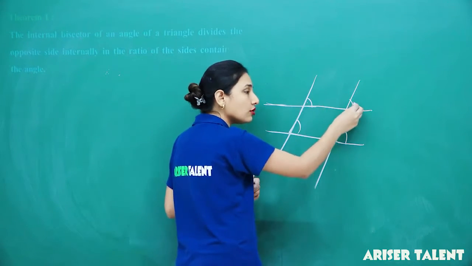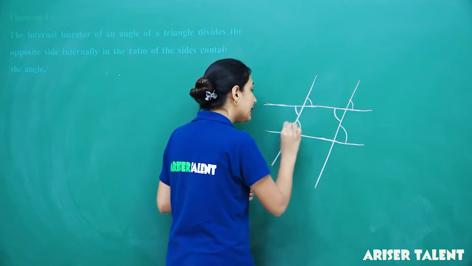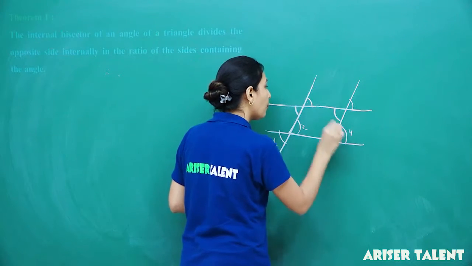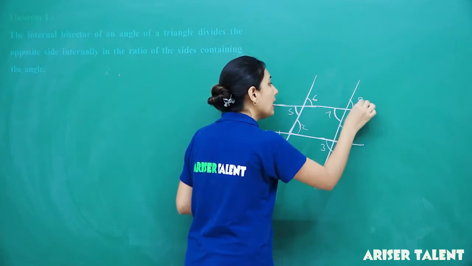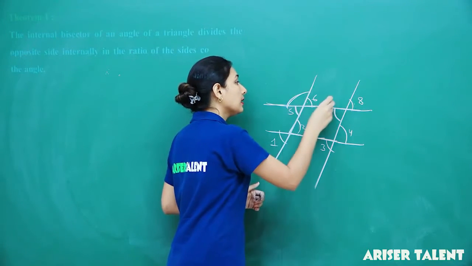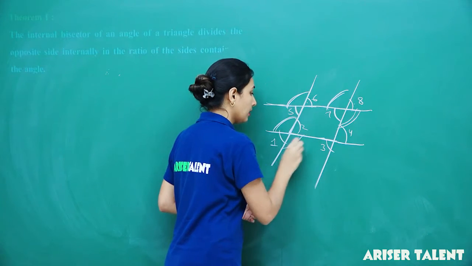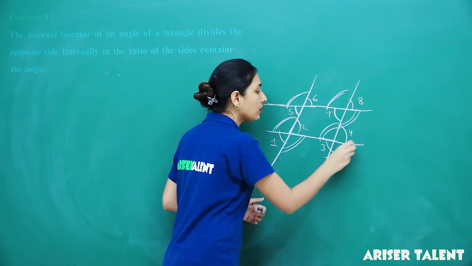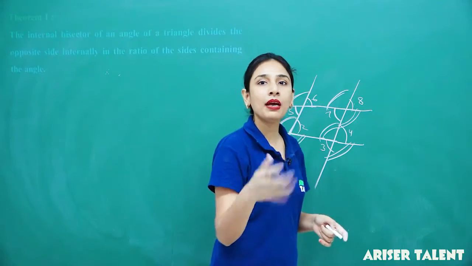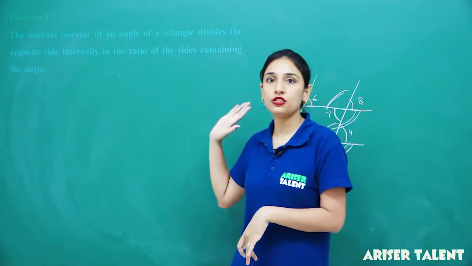Now this angle is also equal to this angle, and these angles are also equal. So these 1, 2, 3, 4, 5, 6, 7, 8 are somehow equal, and these other angles are also equal. So there are two sets of angles which are equal to each other. There are many more. So you have to combine all these things in this chapter on triangles.